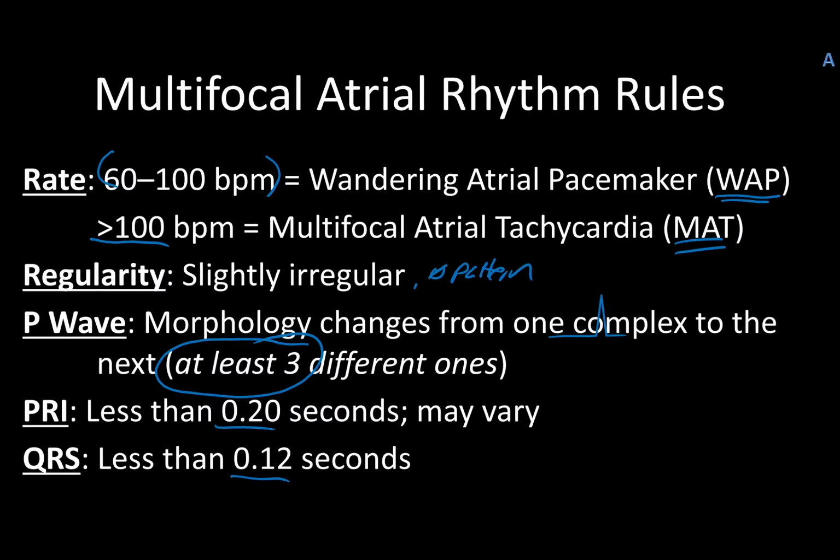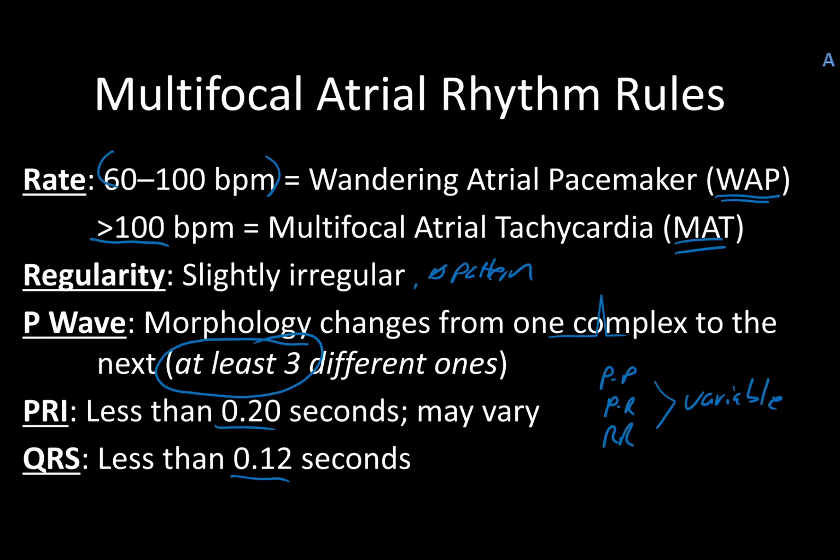Other important things to mention, the P waves will return to their baseline and be separated by a little isoelectric interval. The P to P intervals, so P to P, P to R, and R to R will all be variable.